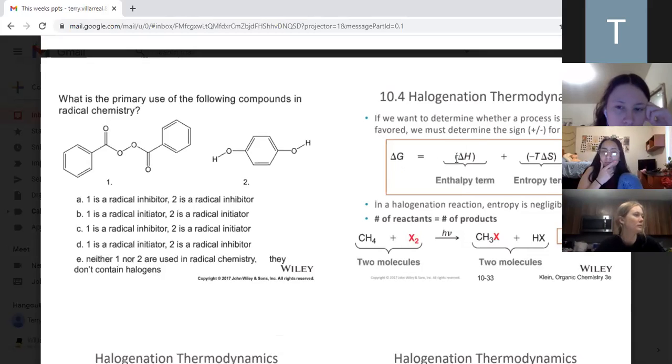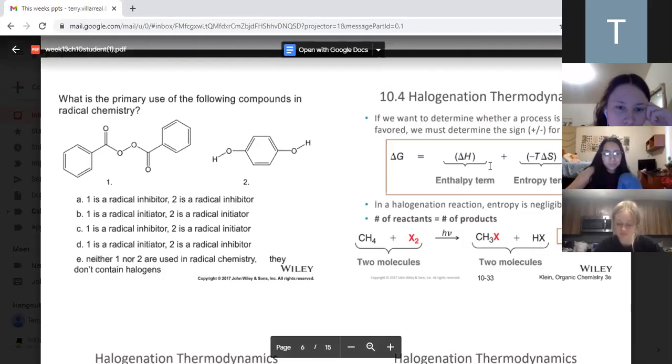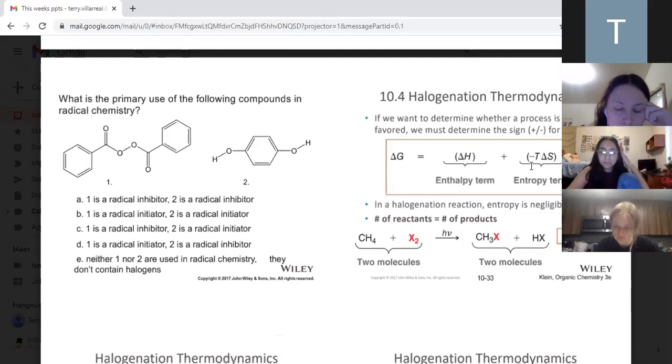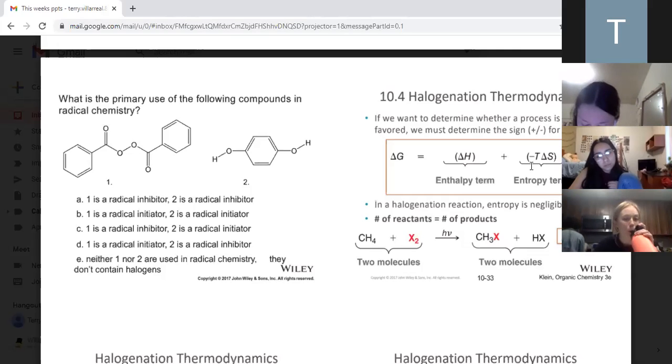Yep. So basically, we have to consider two terms, right? We have enthalpy and entropy. Entropy, if you remember, is degrees of freedom, how many orientations we have. So entropy comes into play if I go from a solid to a liquid or liquid to a gas; entropy increases.